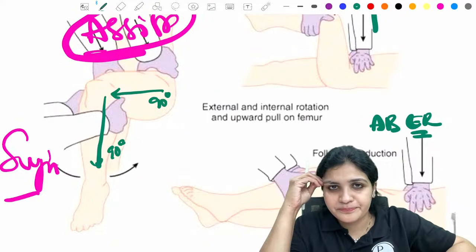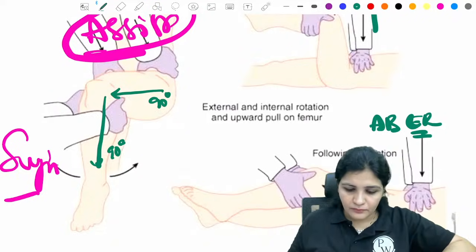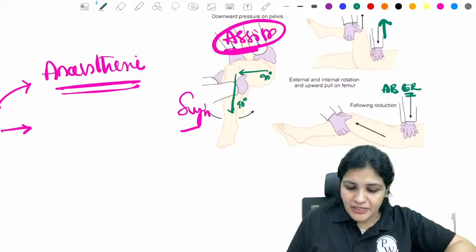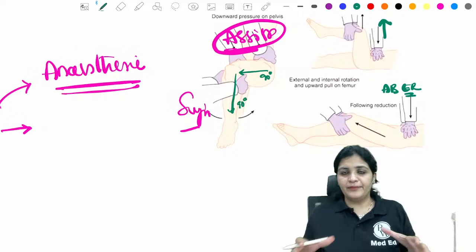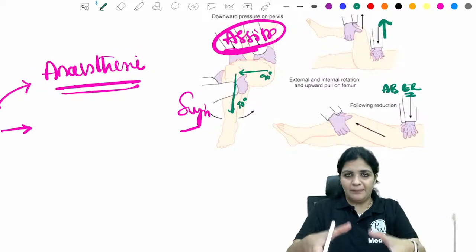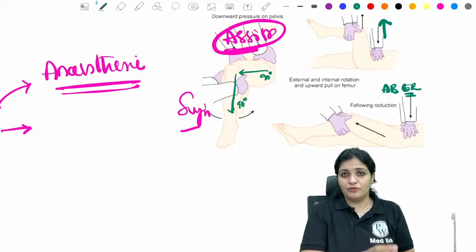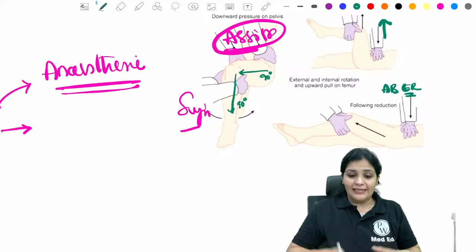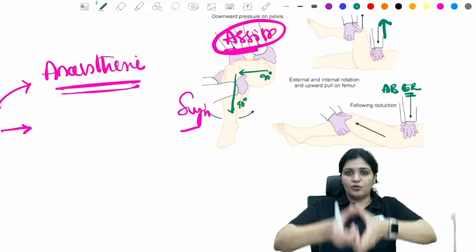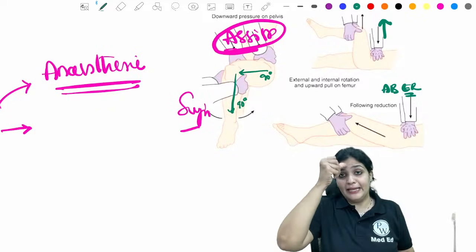Okay, clear? So first the patient is lying on the floor, then this assistant will stabilize the pelvis, right? And then you will hold this knee in 90 degrees of flexion, hip in 90 degrees, and then we give the longitudinal traction. So the traction is given upwards like that.